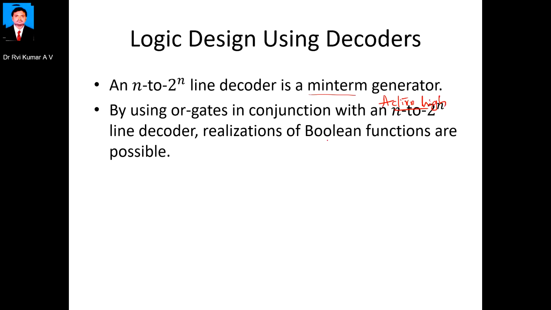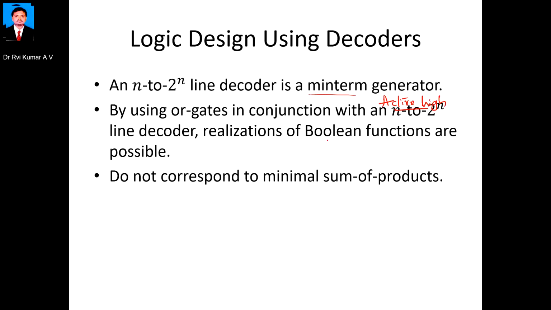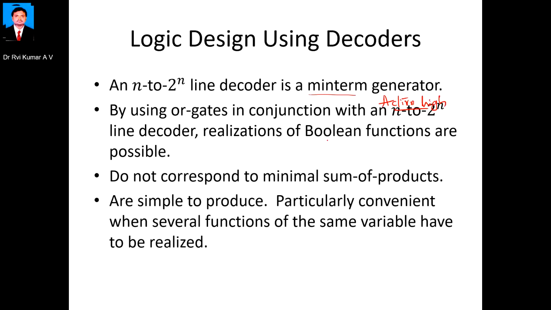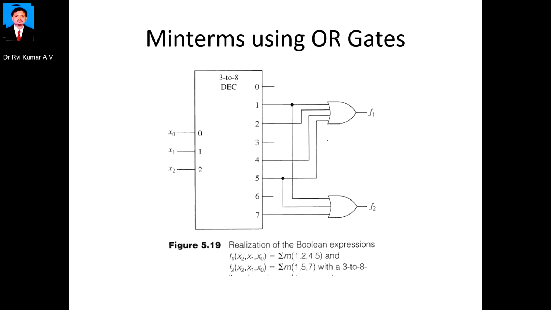These may not correspond to the minimal sum of products, but they are simple to produce, and particularly convenient when several functions of the same variables have to be realized. So I am going to use a 3 to 8 decoder to realize 3 variable functions. Let me take the function of x0, x1, x2, 3 variables.